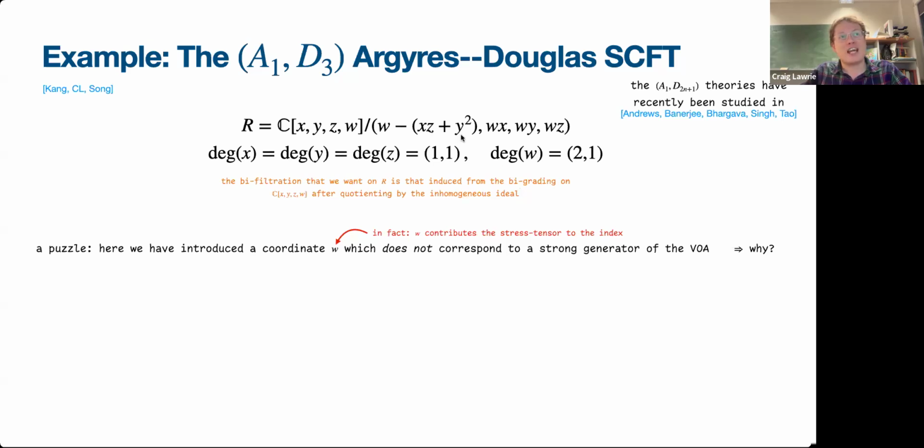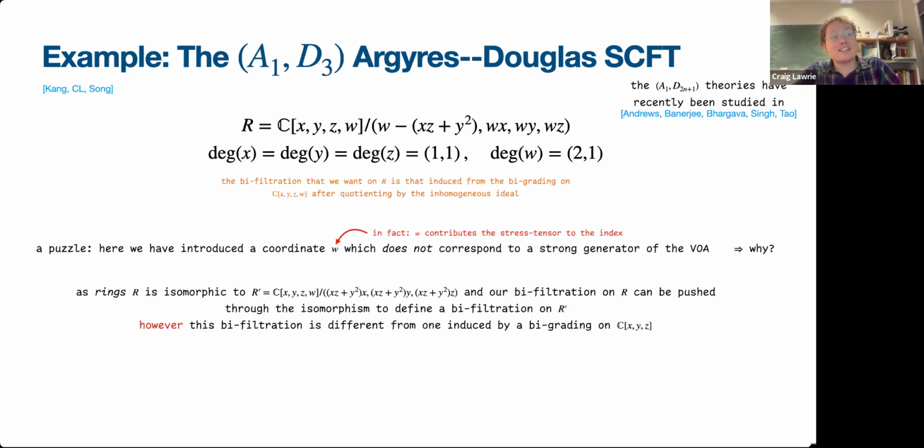Those strong generators are X, Y, and Z. So here, for some unclear reason, I've introduced a W, and I've given W exactly the gradings that I expect to be the gradings of the stress tensor. And then I've imposed this condition, W minus XZ plus Y squared, which is essentially the Sugawara condition, that the stress tensor is related to the flavor currents. So why did I do this?